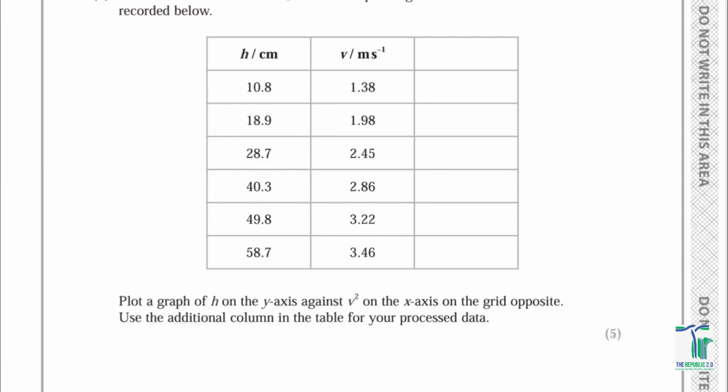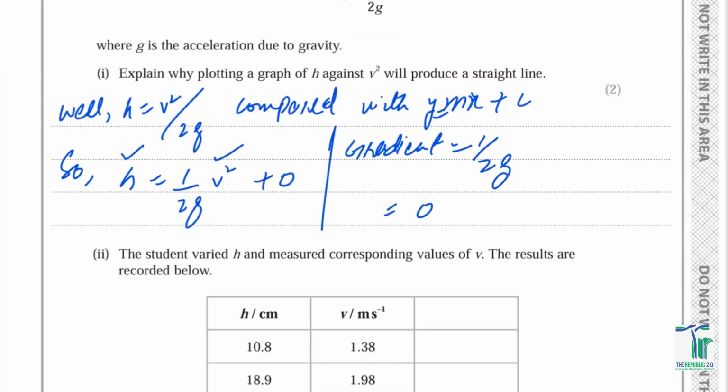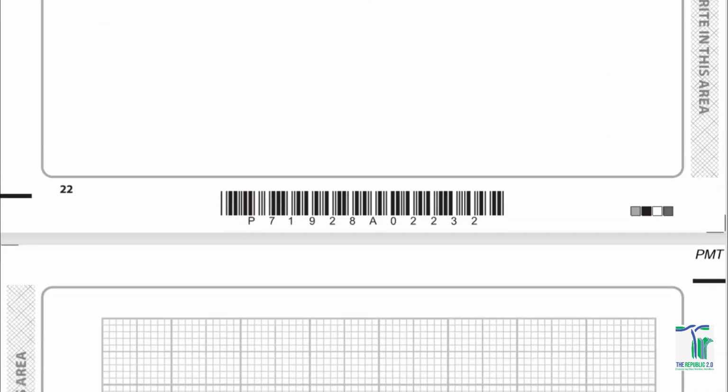The student varied h and measured corresponding values of v. The results are recorded below. You've got this h, you've got this v. Plot a graph of h on the y-axis against v square on the x-axis on the grid opposite. Use an additional column in the table for your processed data. That's quite easy. You just need to take h on the y-axis and v square on the x-axis, and you would have a straight line.